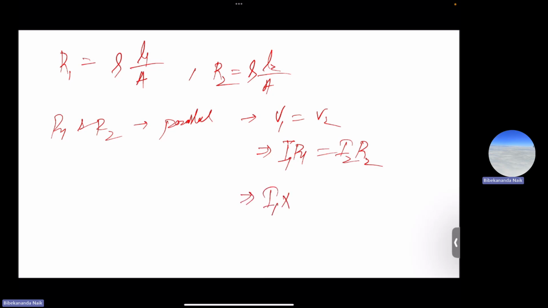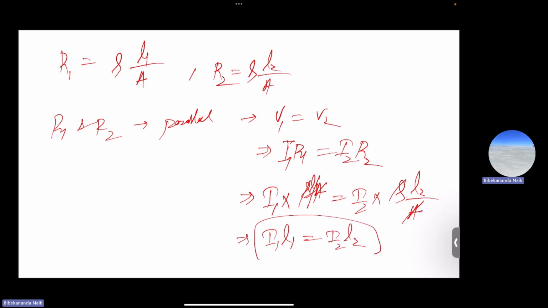I1 into rho L1 by A equals I2 into rho L2 by A. The rho and A get cancelled out. So it will be I1 L1 equals I2 L2. This is the relation.